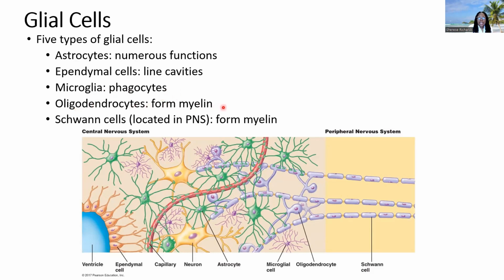Oligodendrocytes are myelinating the central nervous system, and then Schwann cells myelinate in the PNS. So definitely know how to identify your glial cells, right? So the astrocytes are star-shaped. Astrocytes are also important for the blood-brain barrier. And be able to ascribe their function as well.